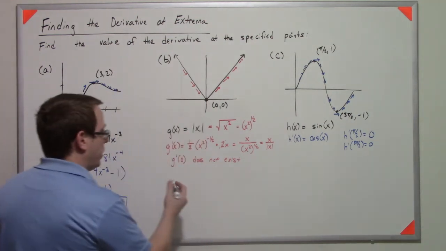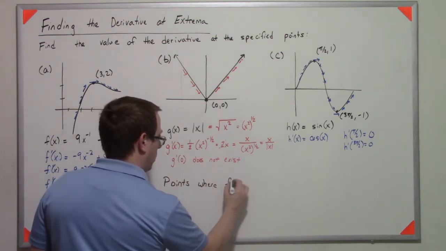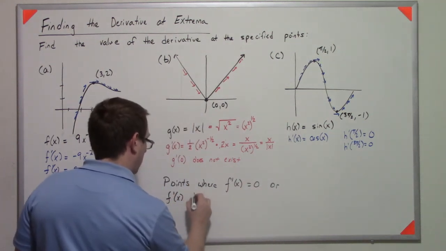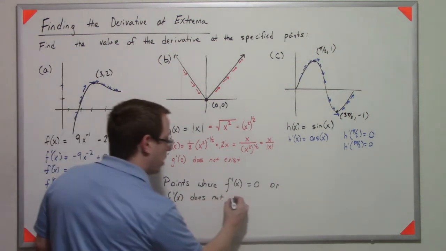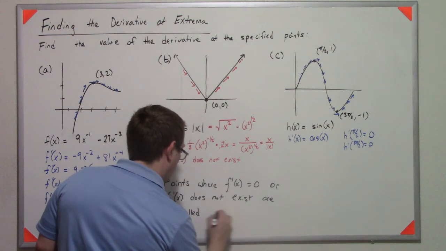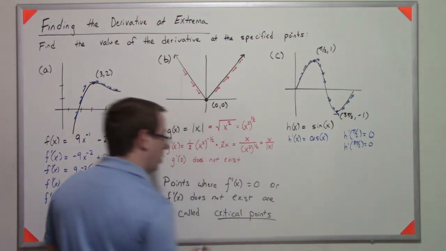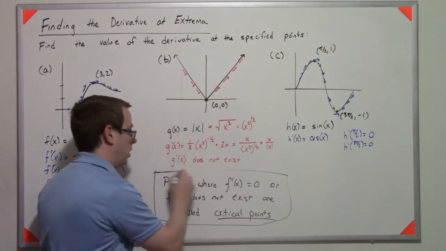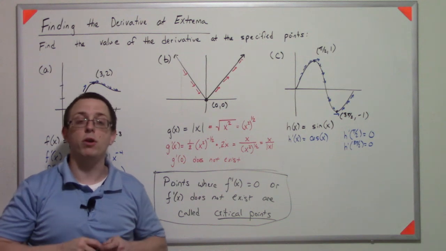So we say that points where f prime equals 0, or where f prime does not exist, are called critical points. And this is massively influential, as we're going to learn about how to understand the behavior of functions in their graphs.